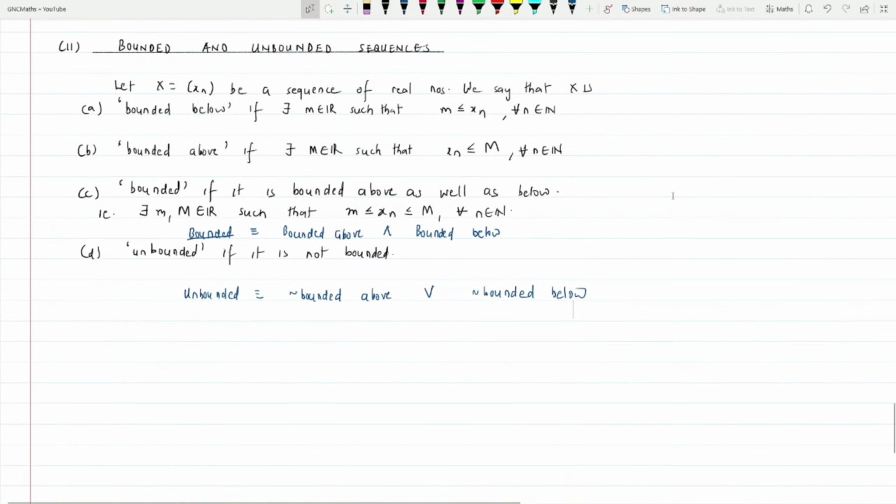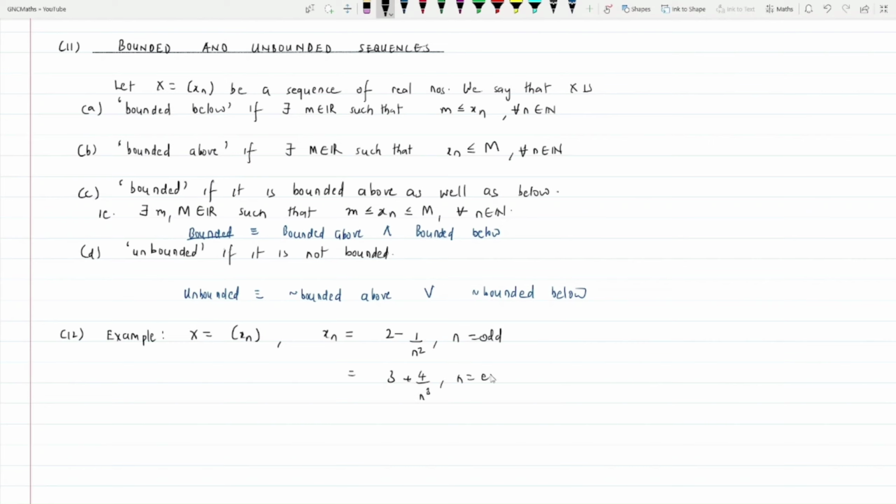Let us see an example on this. So we will discuss the boundedness of the following sequence. The sequence X equal to (xn), where xn is given as 2 minus 1 by n square when n is odd, and 3 plus 4 by n cube when n is even.